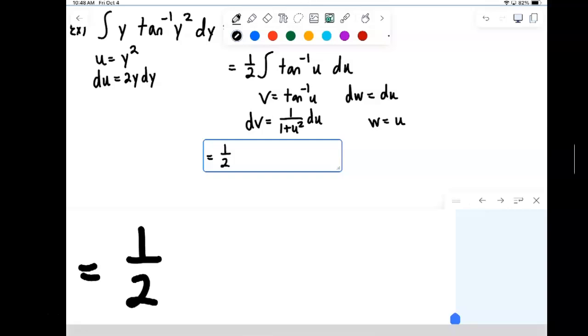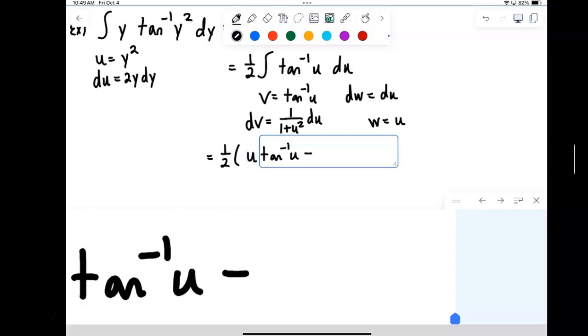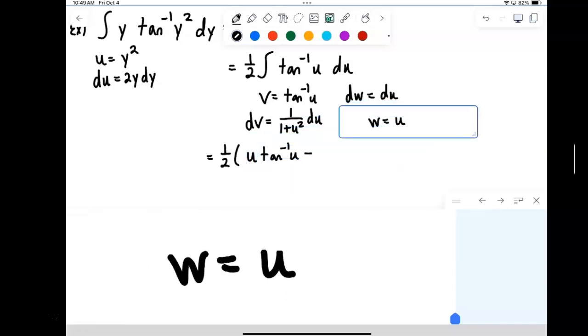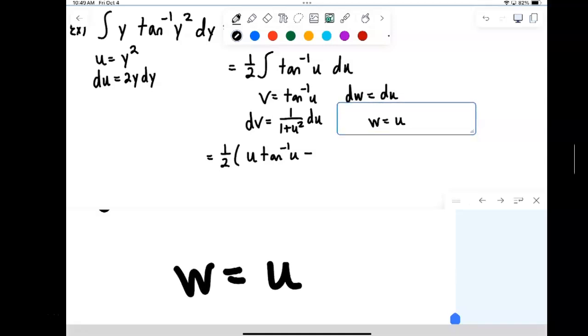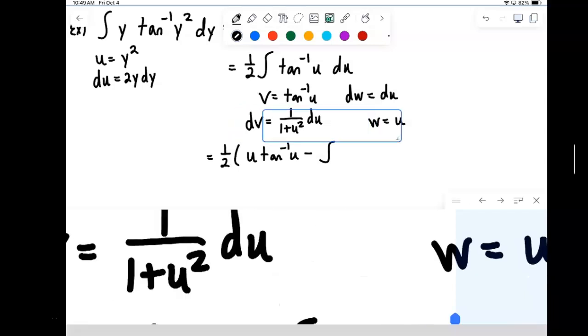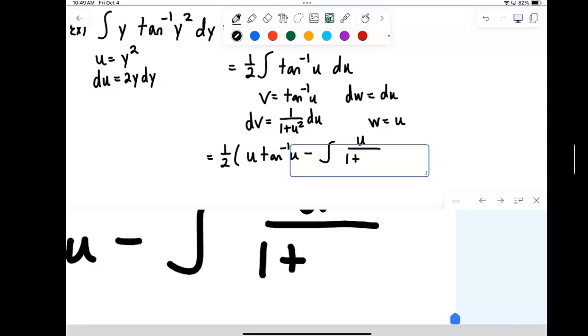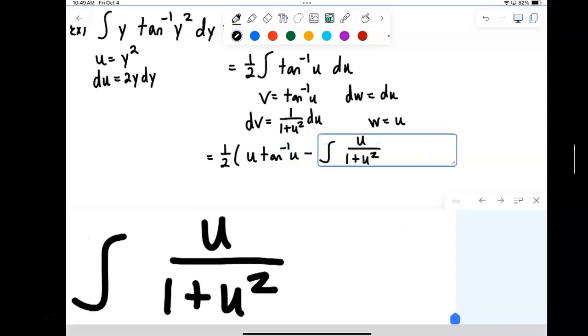And then it's wv, so u times inverse tangent of u, and then minus the integral of w dv. So that would actually be u over 1 plus u squared du.